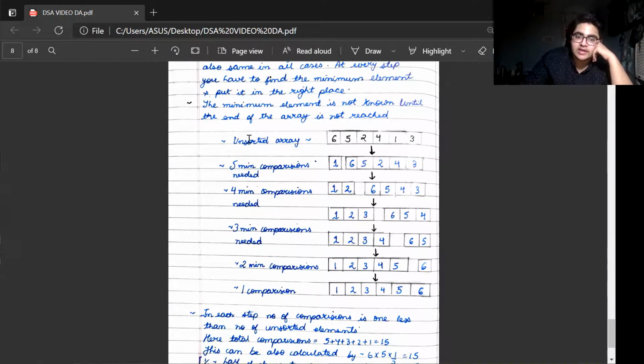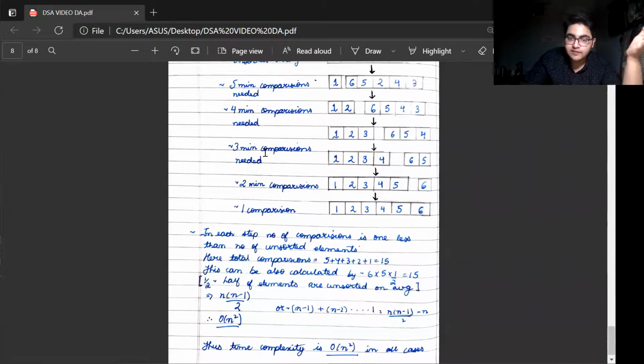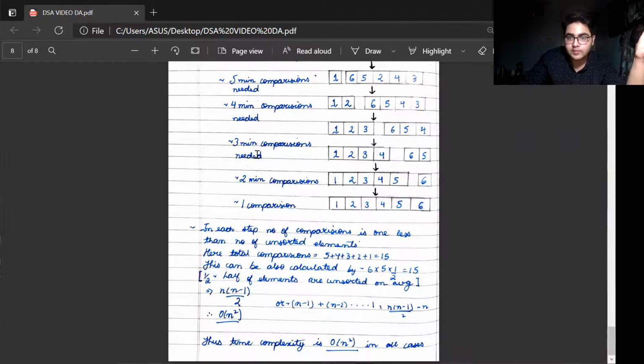Thus, we see that initially 5 comparisons are required, then 4, then 3, then 2, then 1. The total number of comparisons required here is 15. This 15 can be obtained by n into n minus 1 into half. Now how does the half come here? On average, half of the elements are generally unsorted.